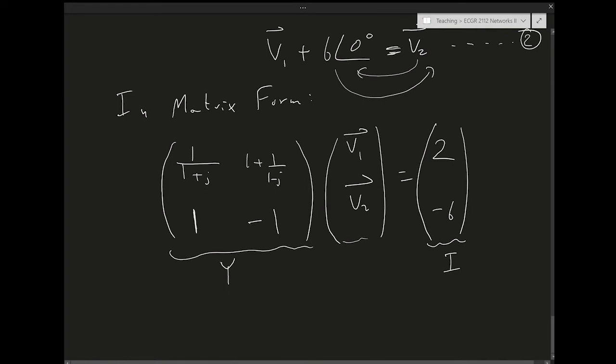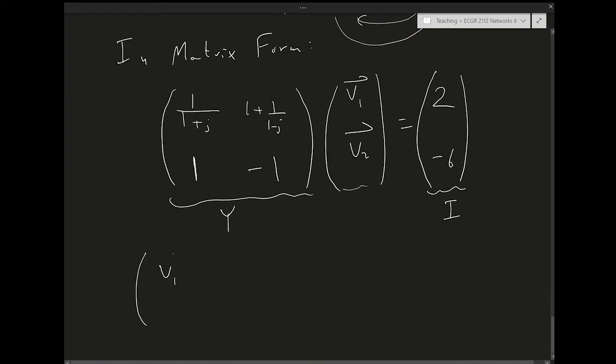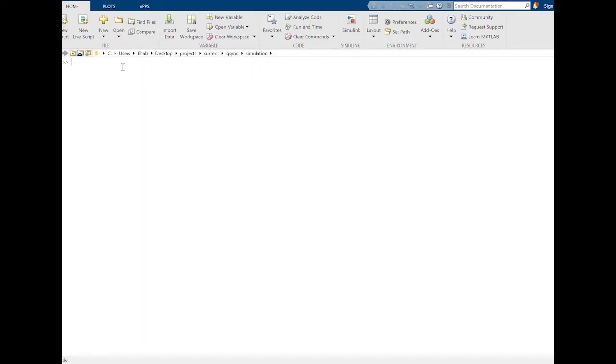And really, V1, V2 is just going to be Y inverse, the inverse of the matrix, times I. So this is matrix multiplication. We can easily do this in MATLAB. Let me do this now.